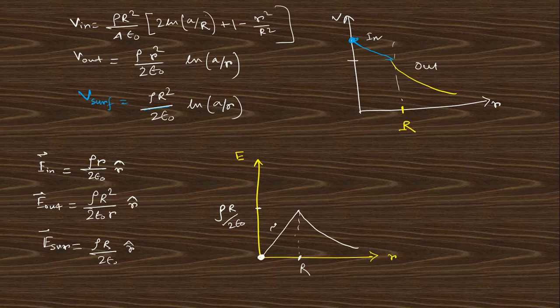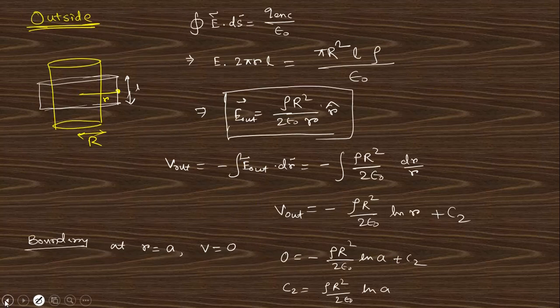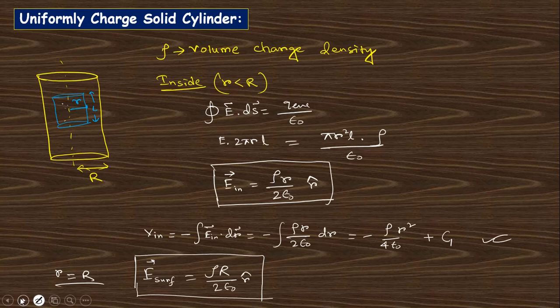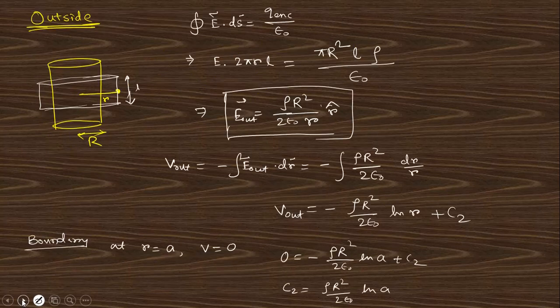So this is linearly r, and this is 1 by r. This is inside, this is outside. Clear? This is the curve for electric field, and this is the curve for potential. Clear? So this is all about the electric field and potential of the uniformly charged solid cylinder.